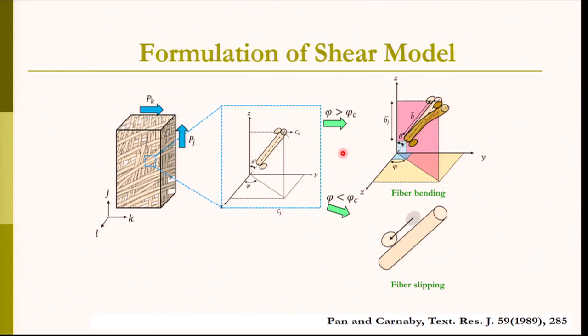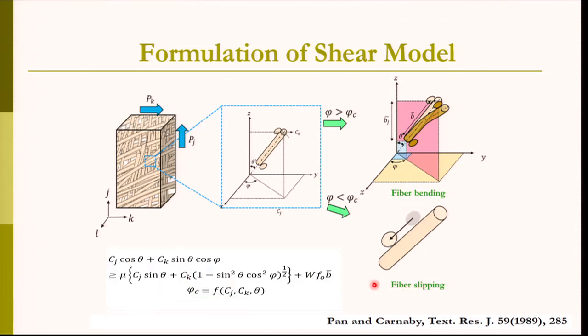So, when the shear load is being applied to the system, then again we can presume that either the bending of the fibers between the two contacts can take place or the fiber slippage can take place, depending upon the value obtained for the critical orientation angle, but this one is the in-plane orientation angle. So, psi c is the critical in-plane orientation angle which dictates whether the fiber bending or fiber slippage would occur in the system.